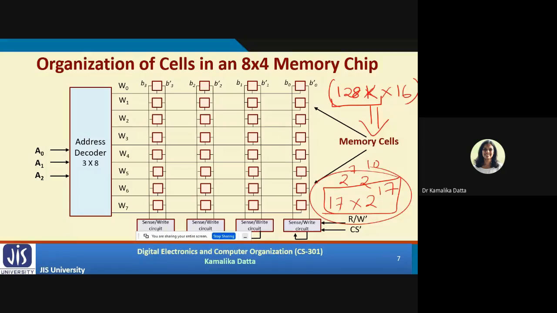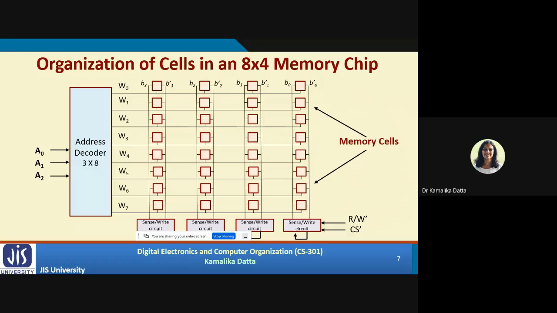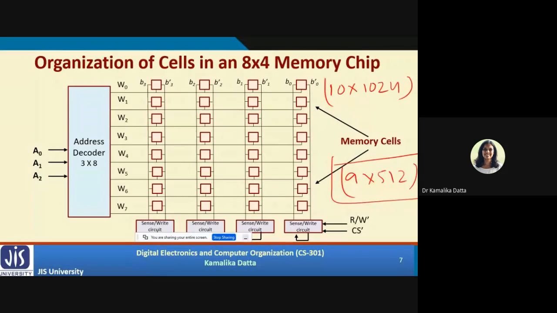When I was working with chip design earlier in NTU, we made up to 10 cross 1024, and in real chips you will find up to 9 cross 512. This is the largest decoder you will find in chips, maybe. Then you can build larger modules using this.